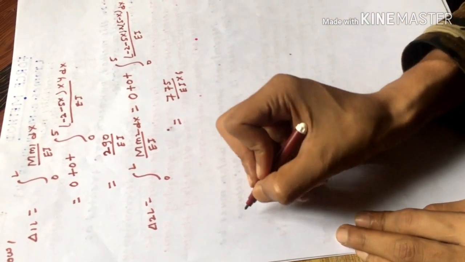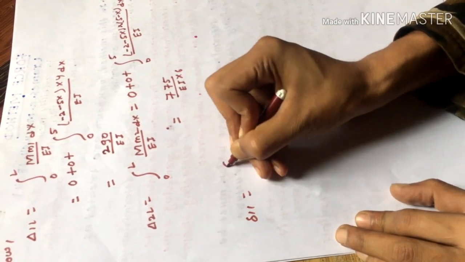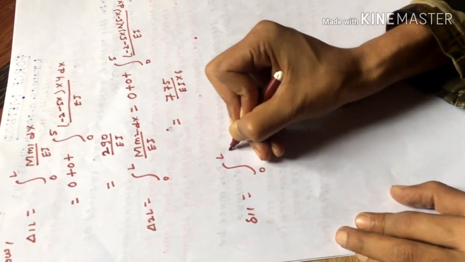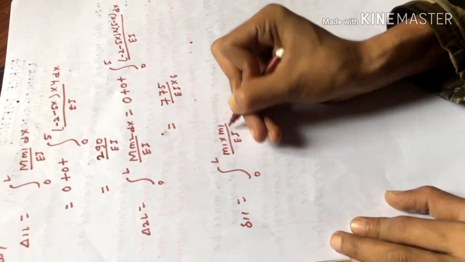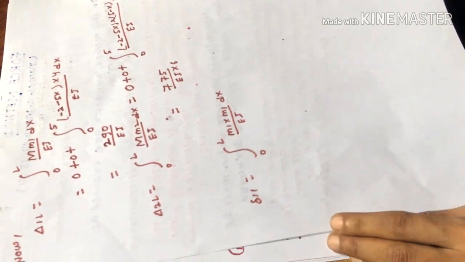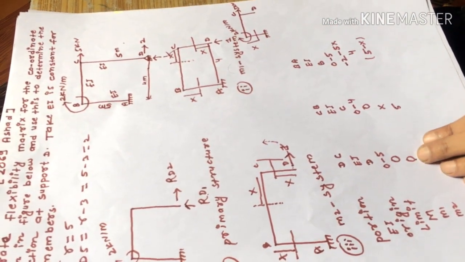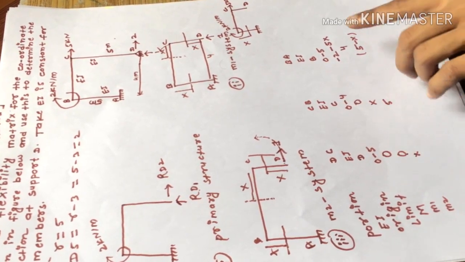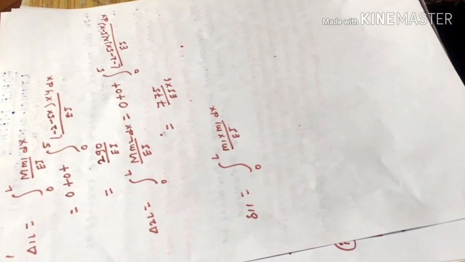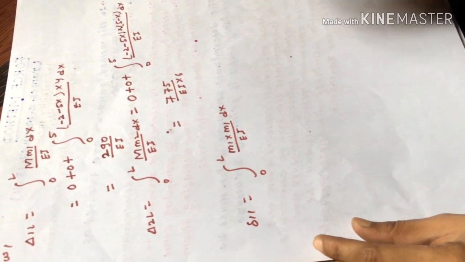Next, what we have to calculate? We have to calculate the flexibility coefficient due to unit load applied in the direction of redundant. So first del 11, according to the formula, del 11 is equal to integral of m1 into m1 divided by EI dx. In the table we can see m1 is 0 for DC, x for CB, and 4 for BA. Let us substitute all these values and calculate using a calculator.